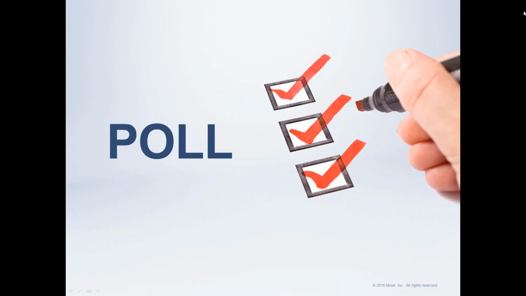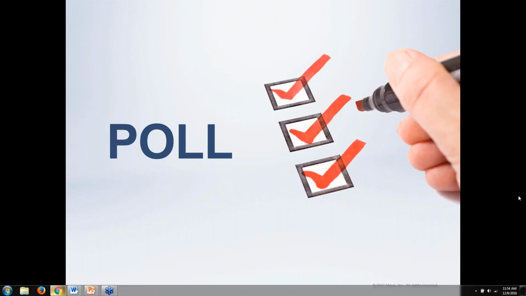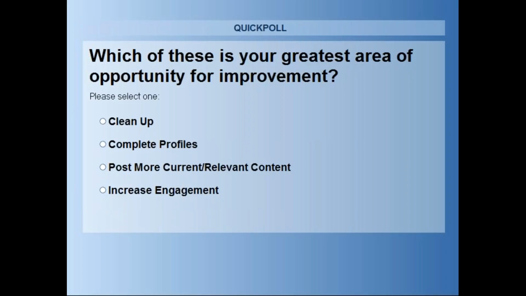All right, guys. So after hearing those 4 tips, I have a poll, and I want to get your input on this one as well. After discussing social media, which of these is your greatest area of opportunity for improvement?